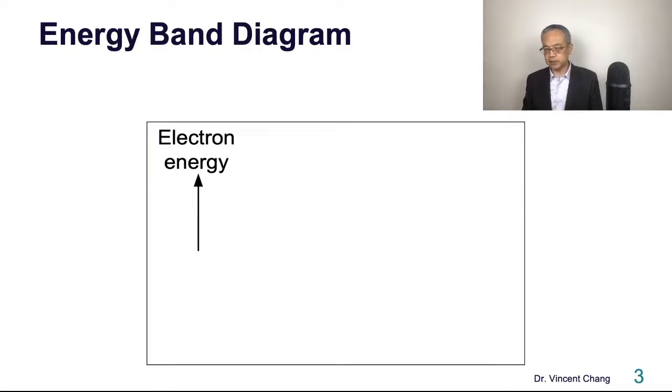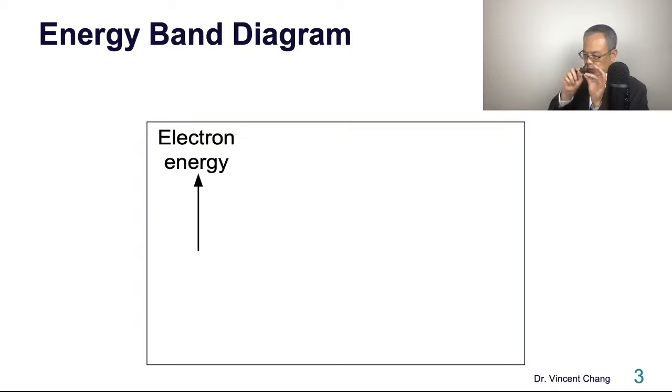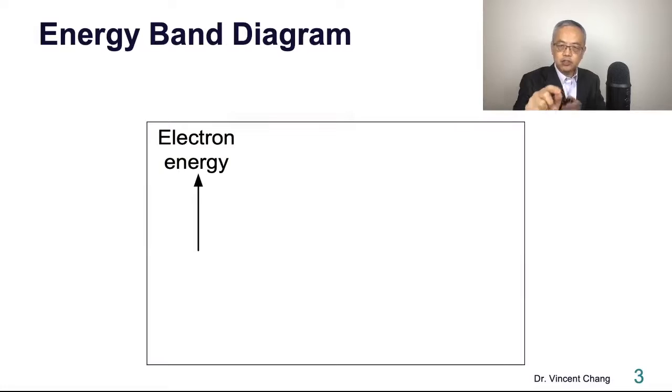In real space the axes are x, y, z. But in energy space, this is not z, this is energy. This is low energy. This is high energy.